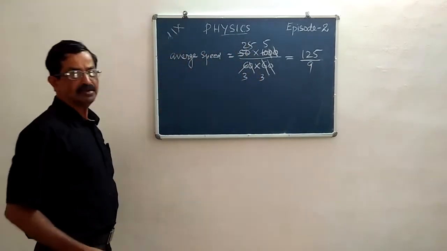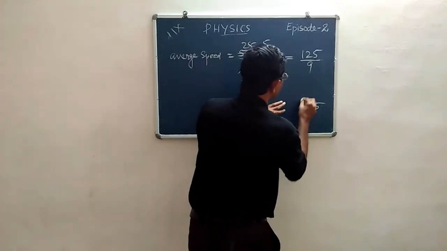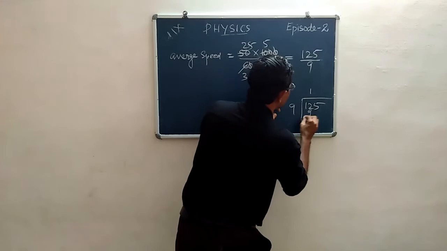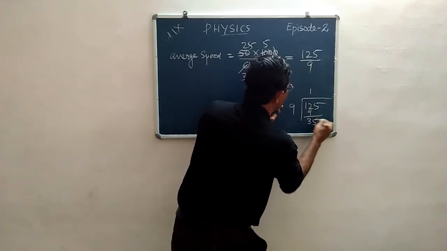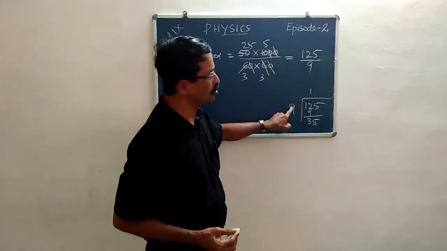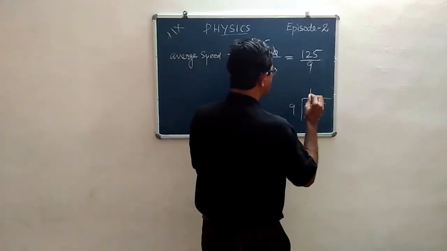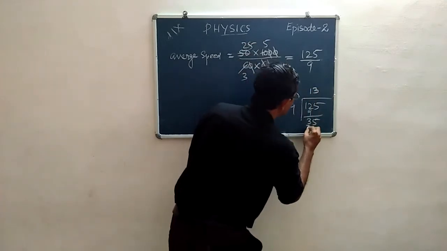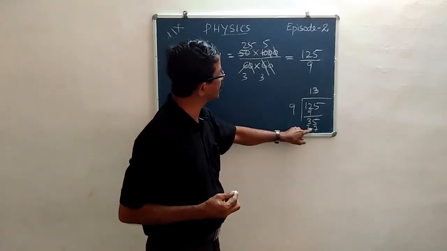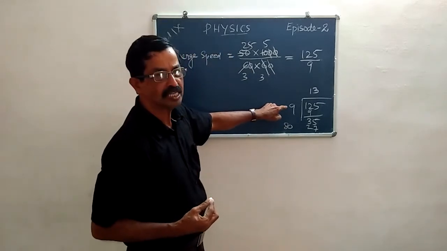Now when you divide 25 by 9, 9 goes 2 times, balance 3 and 5, that is 35. This 9 is approximately 4 times, or we can take 3 times, that is 27. Now from 35, 27 will be deducted, we get 8, and 0 makes 80, 90. 9 how many times?